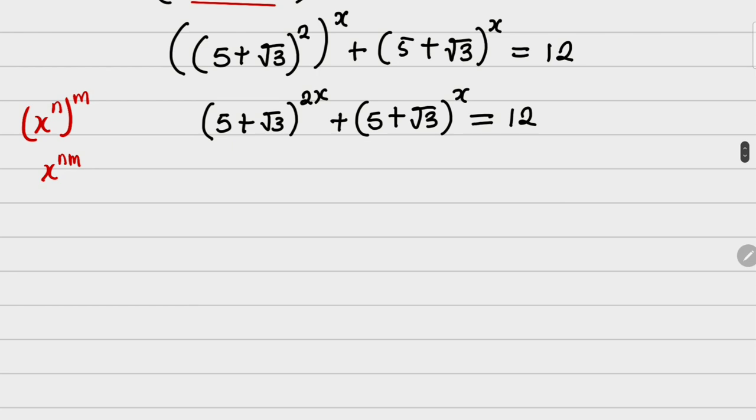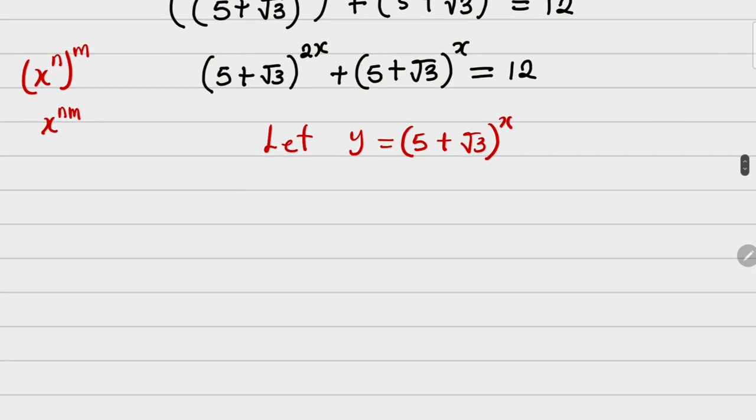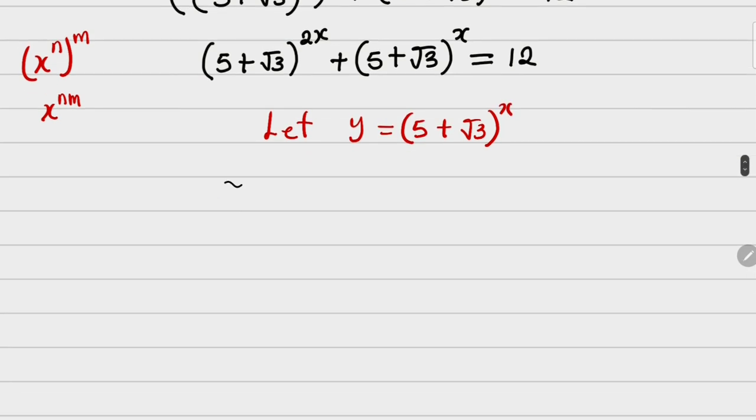Now, why not say let y be equal to 5 plus root 3 all raised to power x. If I say so, then this will now be y all raised to power 2.